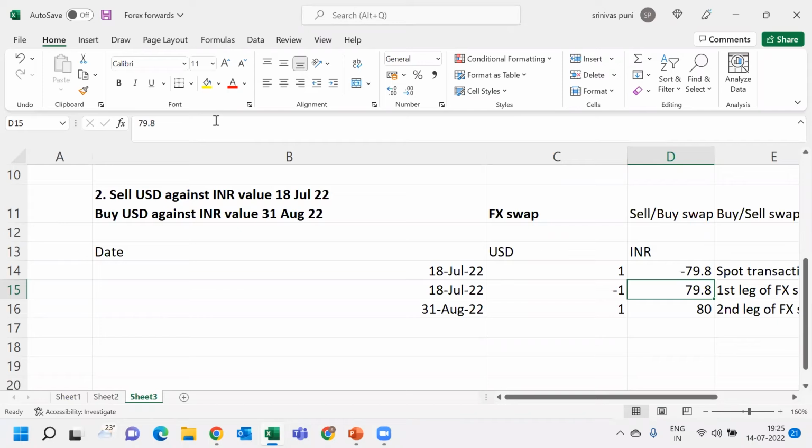And as with any market, this FX swap market also has a bid offer, right? So if two traders are talking to each other in the forward FX swap market, they will say, okay, I want to do a sell buy swap with you, or a buy sell swap with you. What is the rate?